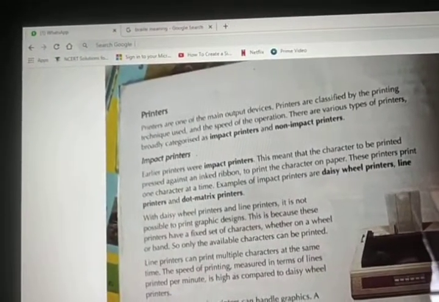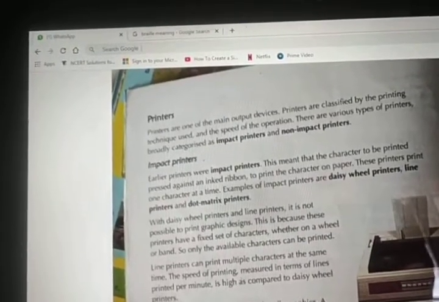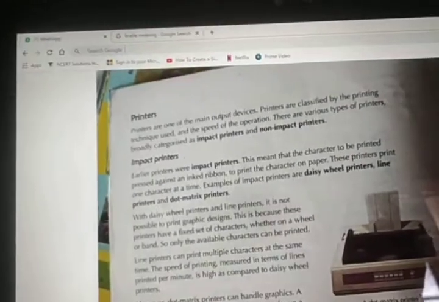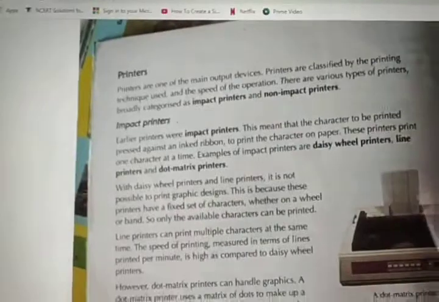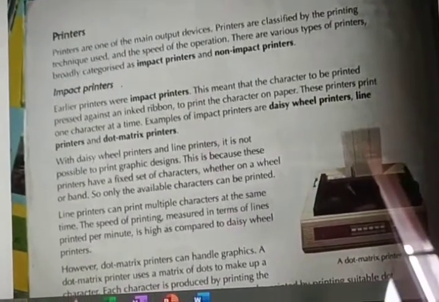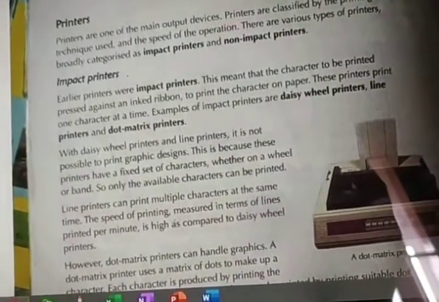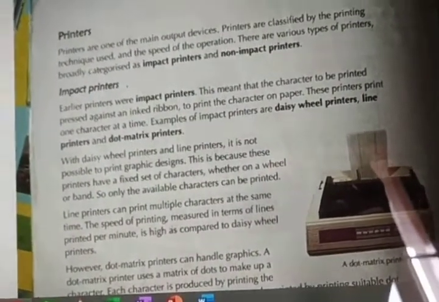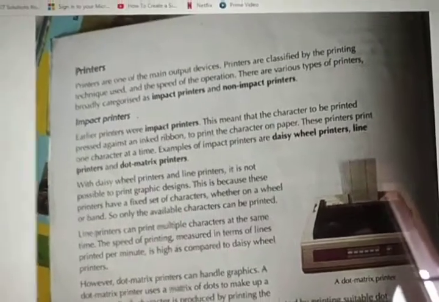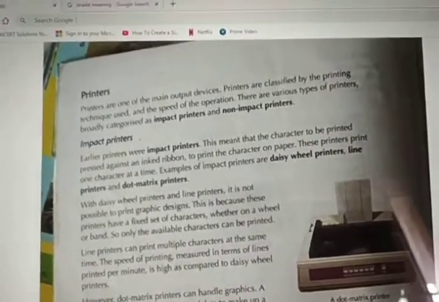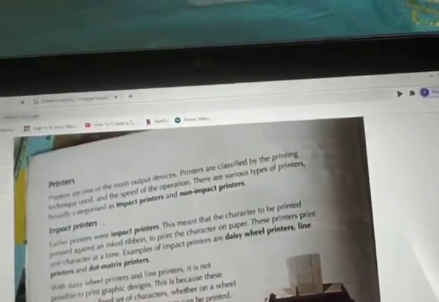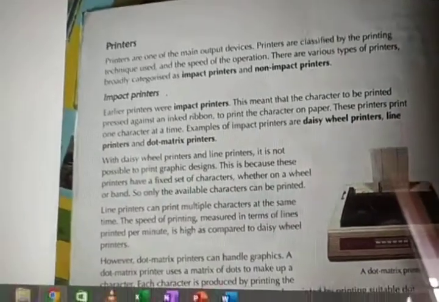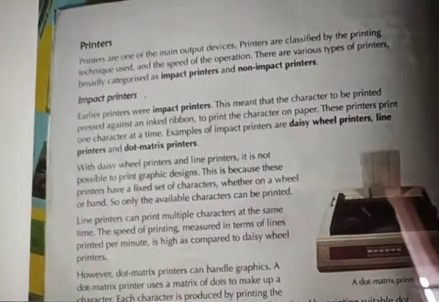Characters and graphics are printed with a set of dot combinations. Either a character or a graphic is done with a variety of dot combinations with the help of a dot matrix printer. Now you saw the daisy wheel printer, line printer, and dot matrix printer.